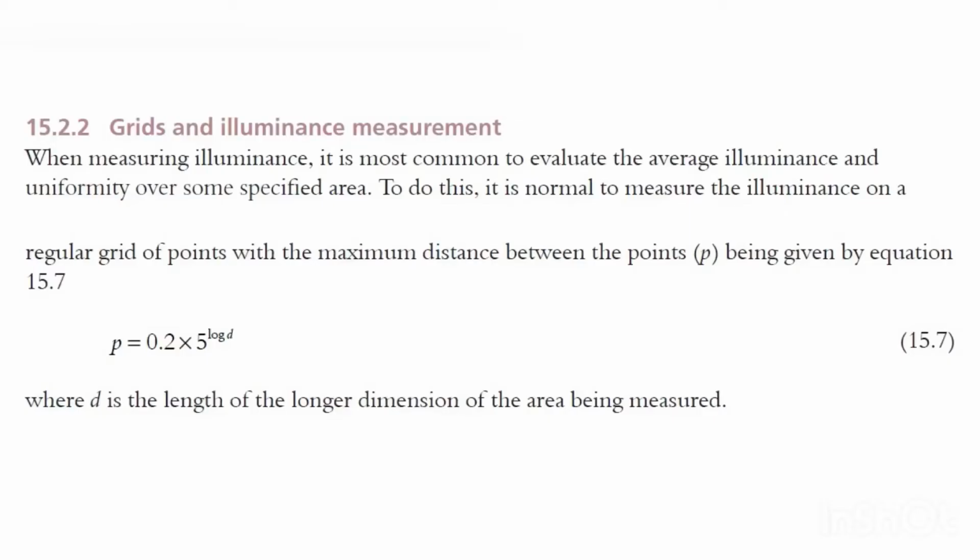In the section 15.2.2, grids and illuminance measurement, we have this equation, and you may use this equation to determine the maximum size of the measurement grid. So for this room, I have done the measurement, and the maximum grid size is around 0.54 meter.